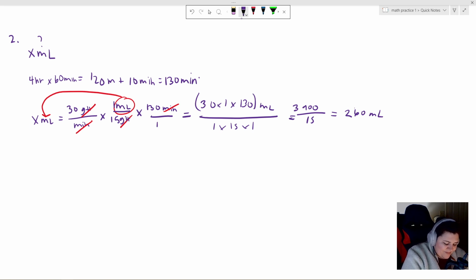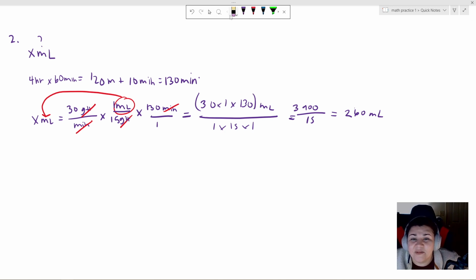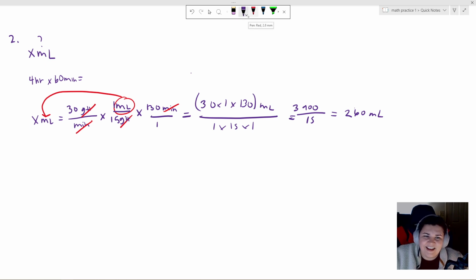All right. Cool. Okay. Golly. Brain. This is not right. 4 times 60 is 240 minutes. So these all change to 240. Sorry, I have half a brain right now.